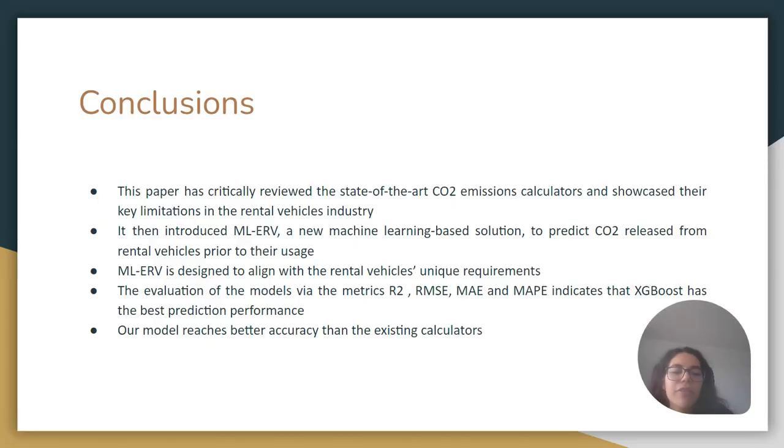Okay, let's conclude this presentation. We first reviewed the state-of-the-art CO2 emissions calculators before we showcased their key limitations in the rental vehicles industry. Then we introduced our model, ML-ERV, and showed why our model is more suitable for the rental vehicle industry than the state-of-the-art approaches.